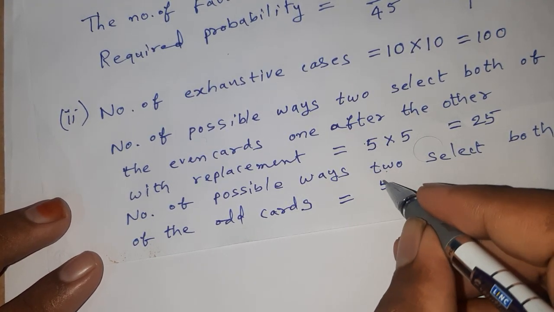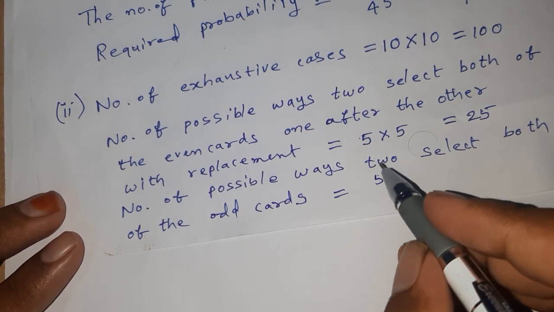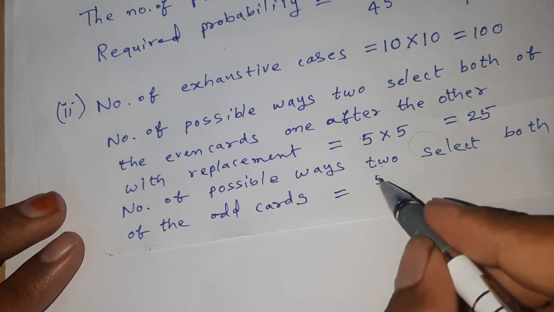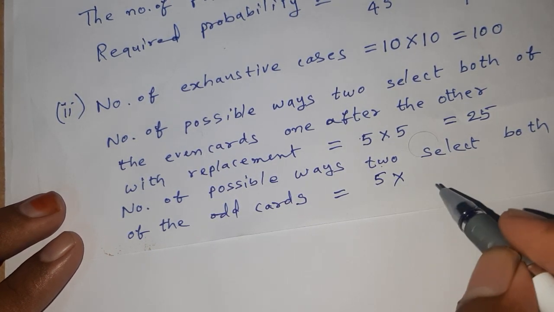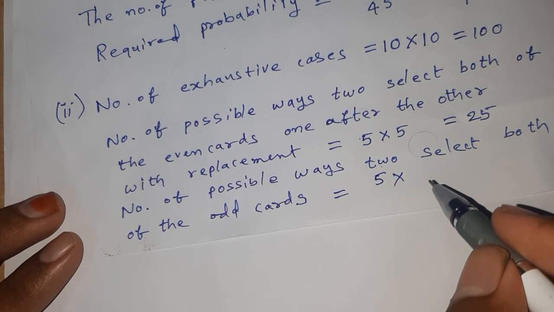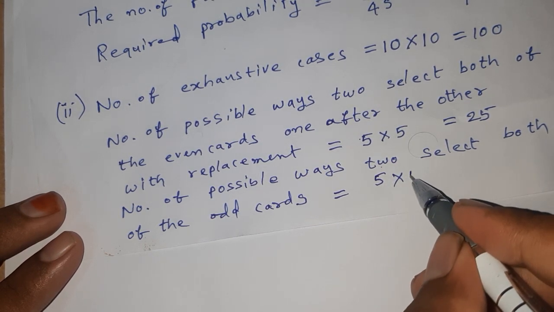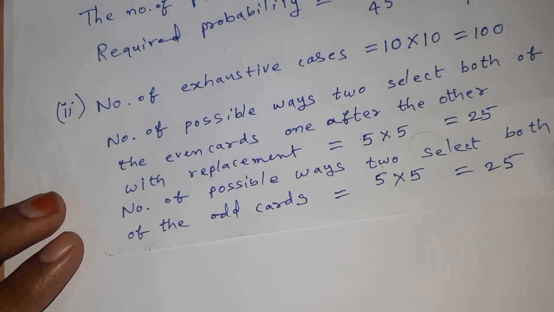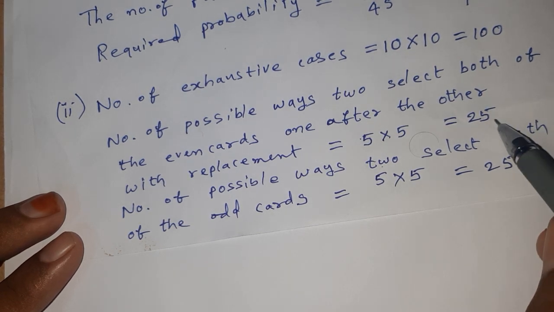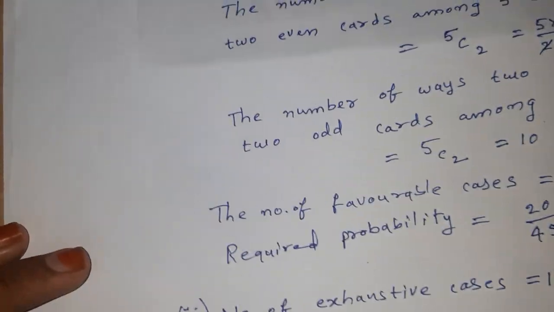We got 5 odd chords. We have to select among 5 chords. Therefore, there are 5 possible ways for one chord. We replace the first chord, then we select the next chord. There are 5 possible ways to select the next chord also. Therefore, 5 into 5, 25. Totally the number of possible cases is 25 plus 25, which is equal to 50.